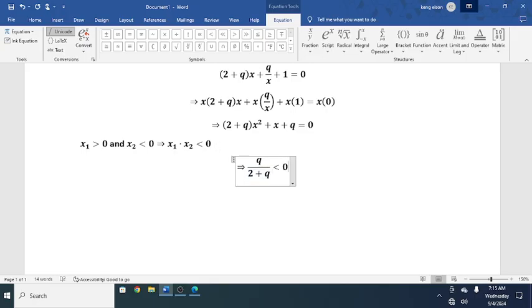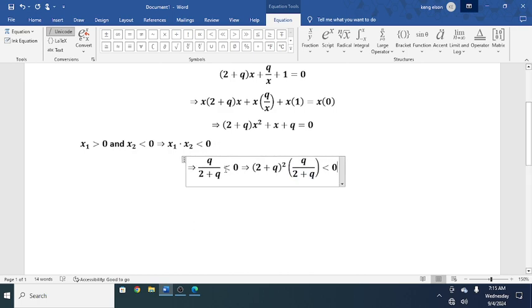Now this is an inequality, and for us to solve, we just have to look for the critical values. So I'm going to multiply both sides of this inequality by the square of the denominator, that is (2 plus q) all squared. My inequality sign will still remain less than, because I'm multiplying both sides by a positive quantity.